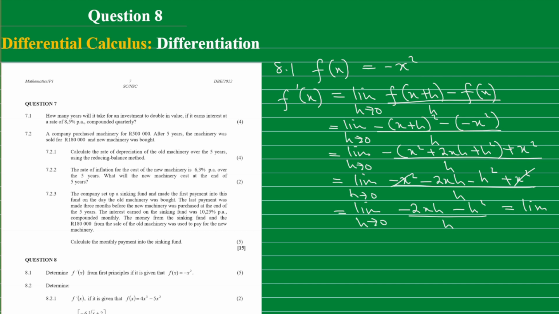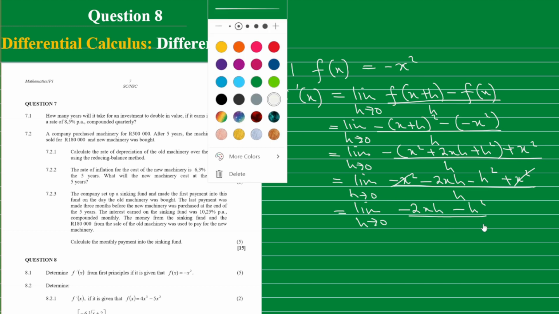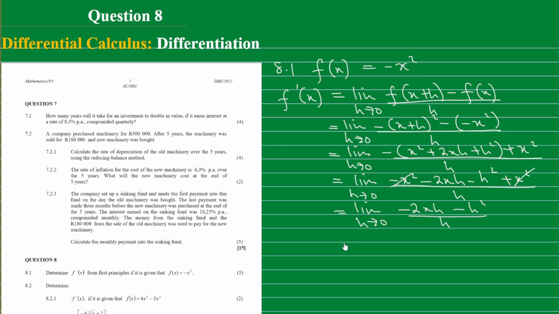Now this translates to negative 2xh over h minus h squared over h, or some will choose to factorize the h on top, then divide by h, cancel out the h, so that will give us the limit as h approaches 0 of negative 2x minus h.